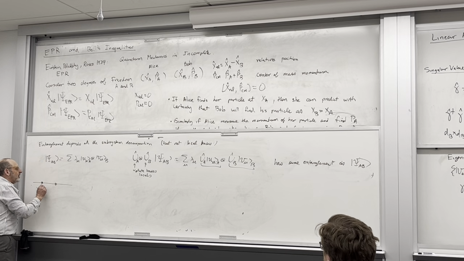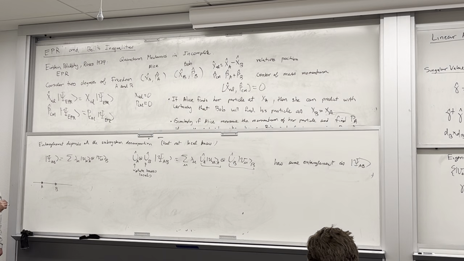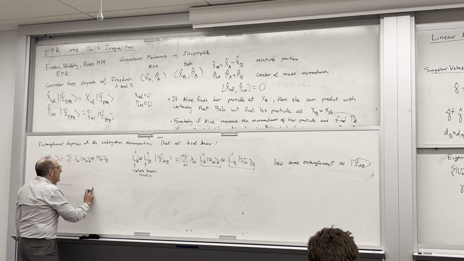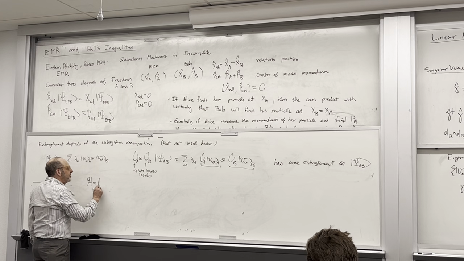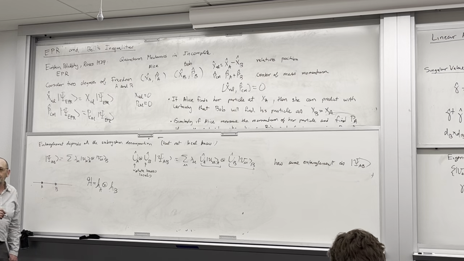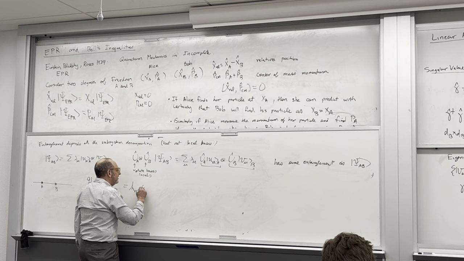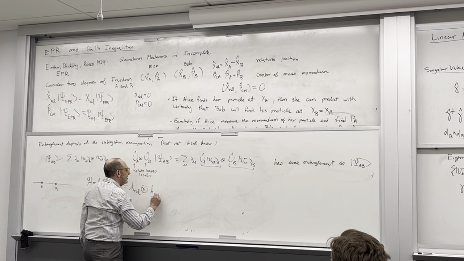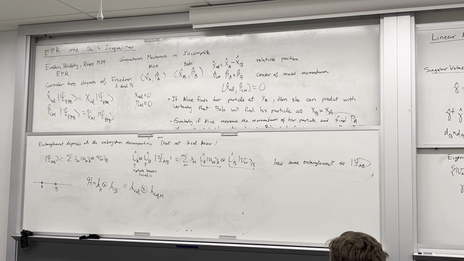I can think about particle A and particle B, each with its own position and momentum. So I could write the Hilbert space of this system as the motion of particle A and the motion of particle B, right? However, I could also write this as a tensor product of the relative motion and the center of mass motion of the two particles.